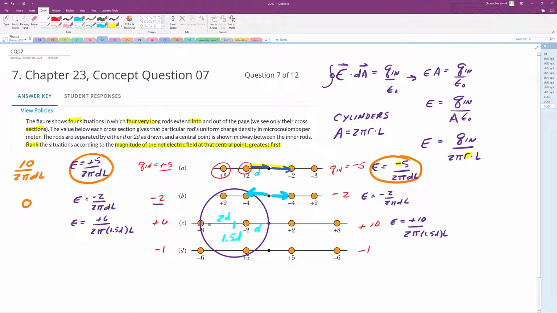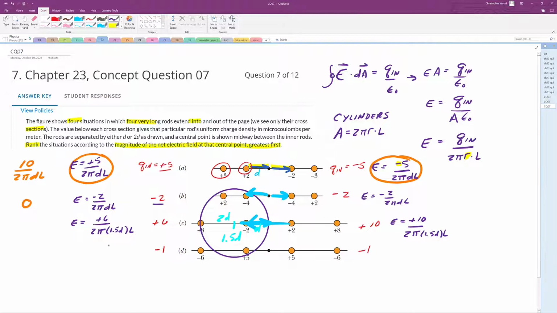Let's see, on the left side here, this is a positive region. So the field lines are going to be flowing out of a positive region. So the arrow looks like that at point P. On the right side, this is also a positive region. So this arrow is going to be flowing this way. So you get sort of this cancellation effect. So I have 6 over here flowing to the right, 10 over here flowing to the left.